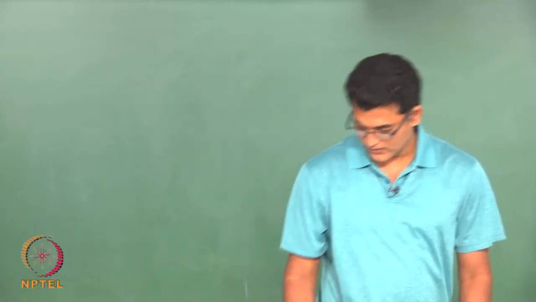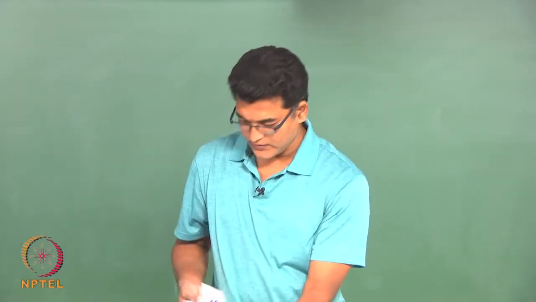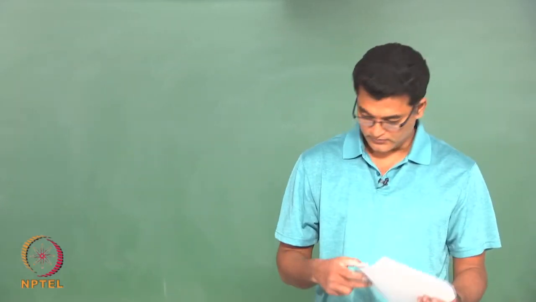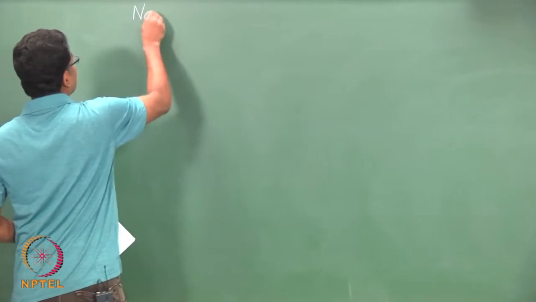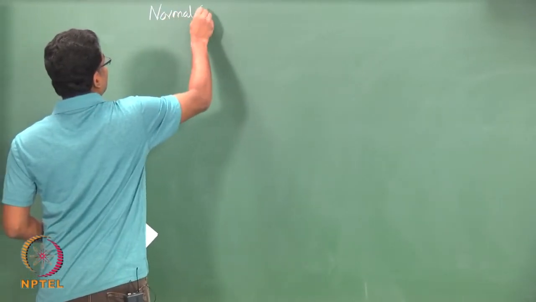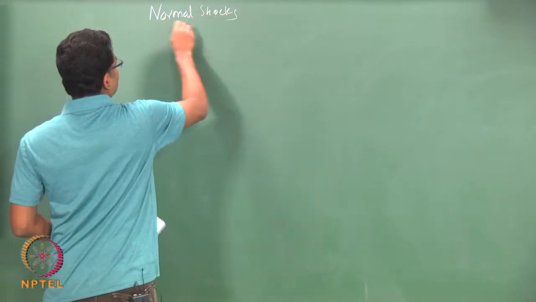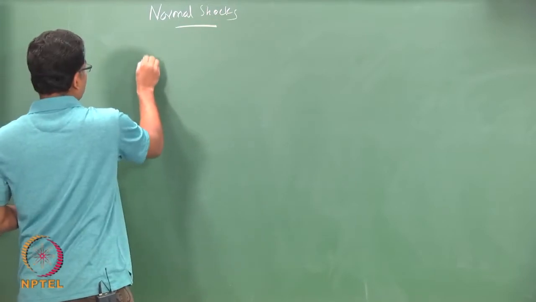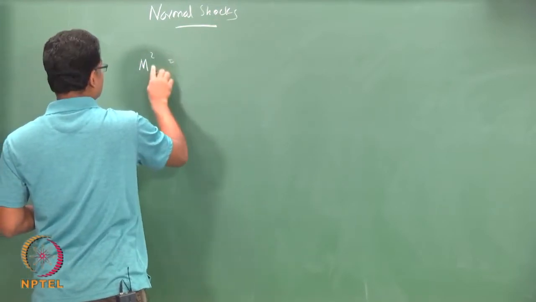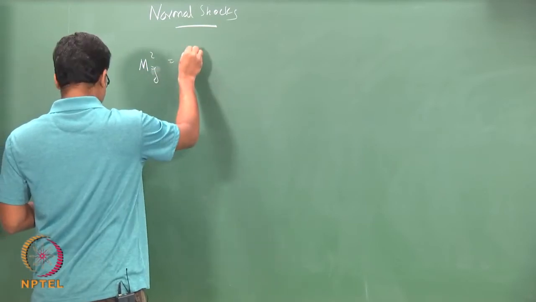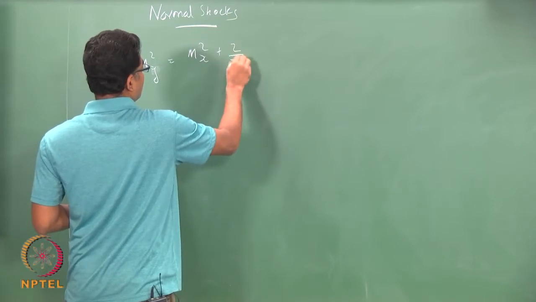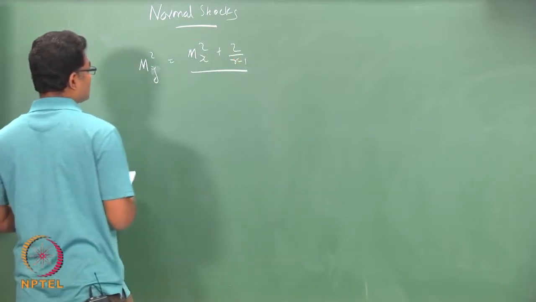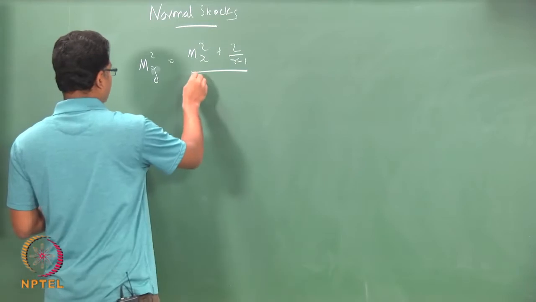Okay, so we will continue with whatever we had discussed about normal shock. So, I will start with this relation. We have derived this equation, which is the relation of Mach number with respect to the Mach number before the shock.